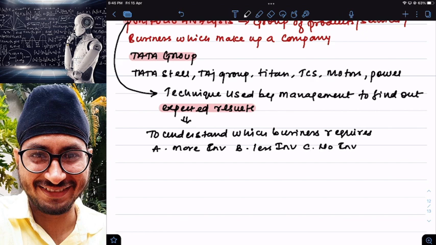Clear? I want to analyze all my businesses, and then I want to decide in which company I should invest more money, in which company I should invest less money, in which company I should not invest money.